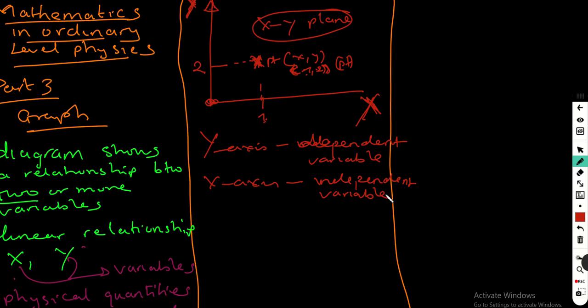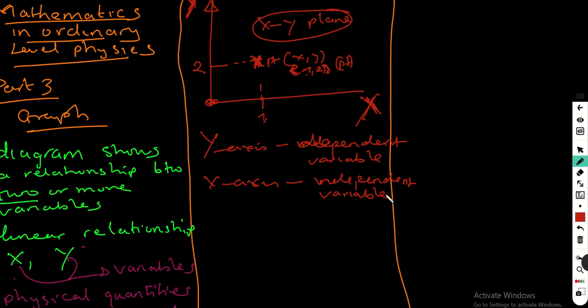So your going to school is the y-axis. Why? The time that you have set for the class is put as the x-axis. So that's what I mean by dependent and independent. But at your level, you will never be asked to decide which one is dependent or independent, because in every question at this level, they'll tell you to plot this graph with this quantity on the x and this quantity on the y.